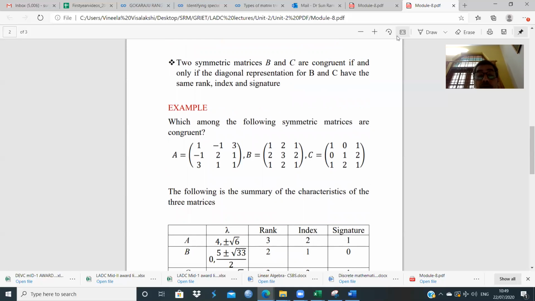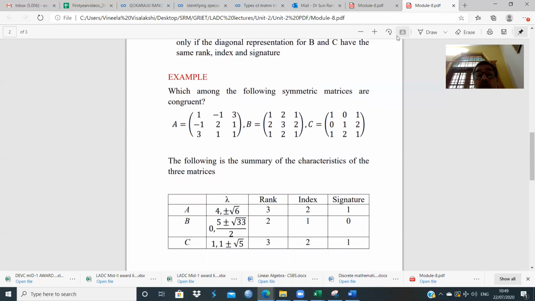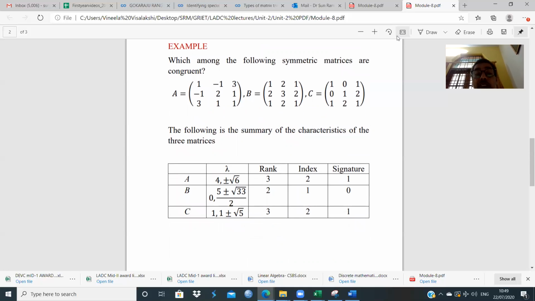So let us look at one example where three symmetric matrices are given, A, B, and C, and we would like to know which among them are congruent to each other. So let us take the matrix A and find out its eigenvalues.